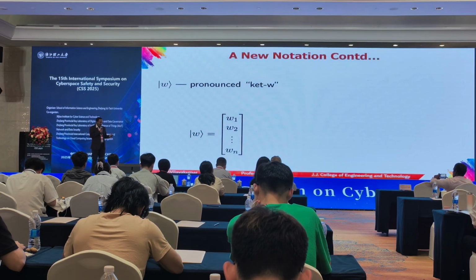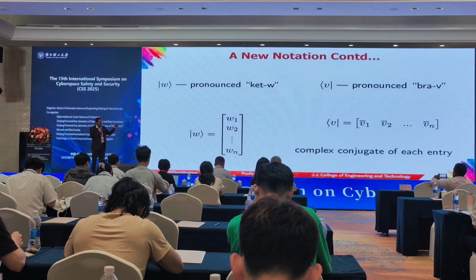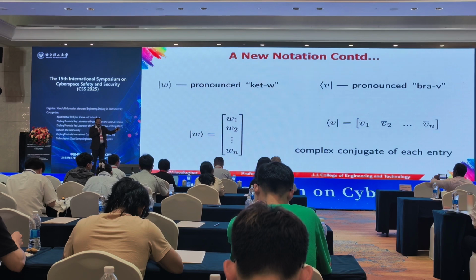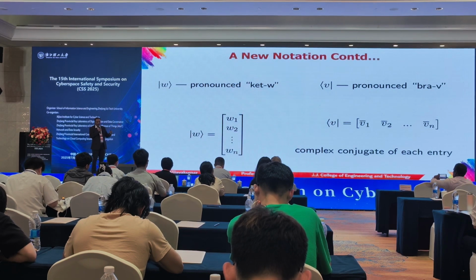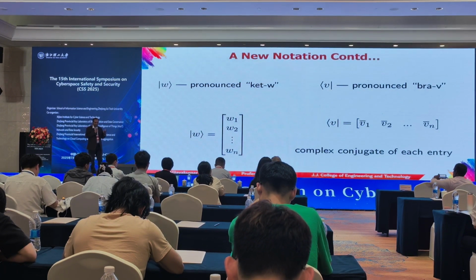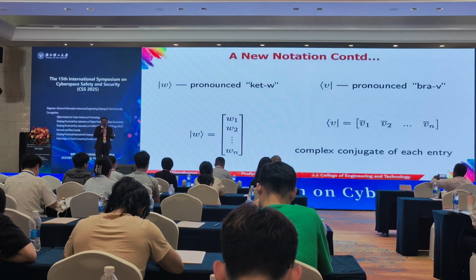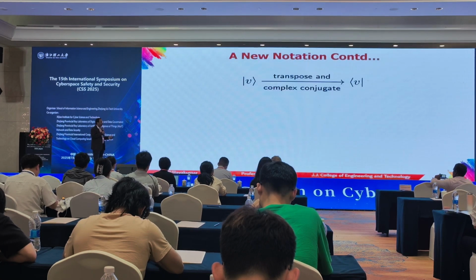And bra is the other notation. Bra means it is a row vector in which all the entries are complex conjugates. So B1 is the complex conjugate, B2 is a complex conjugate, and so on. Bn is also a complex conjugate. So we need to understand that bra is a row vector, ket is a column vector. Using these two notations, it is easy to enter into quantum computing.